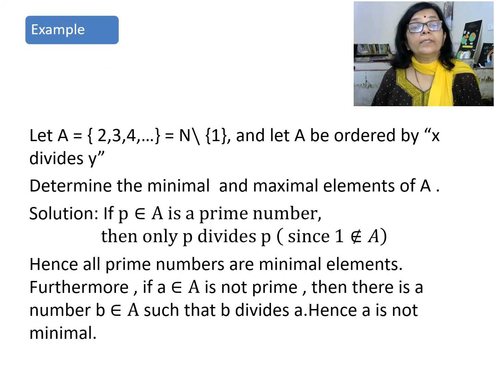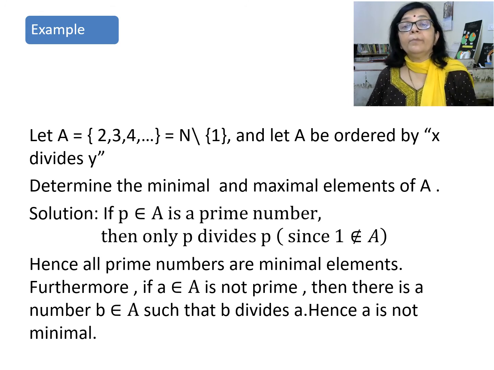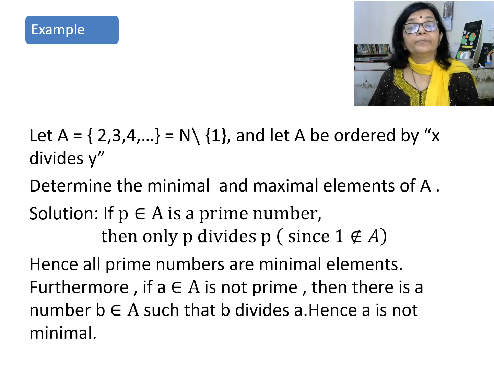Another example is that A = {2, 3, 4, ...}, that is, the set of natural numbers without element 1, and let A be ordered by x divides y.